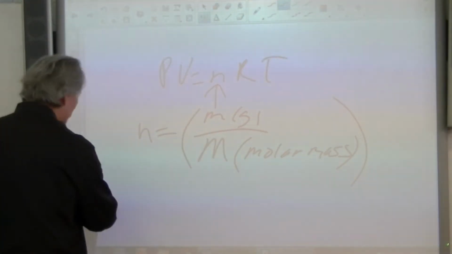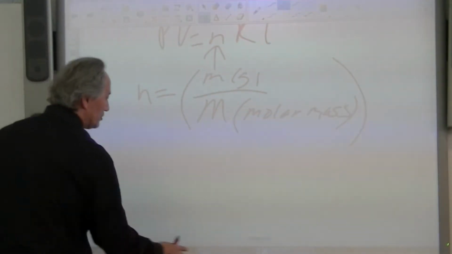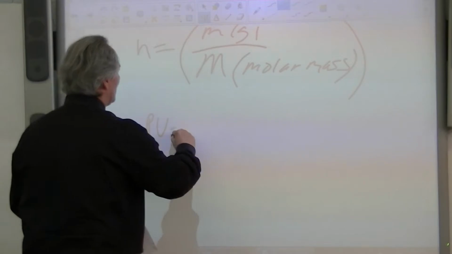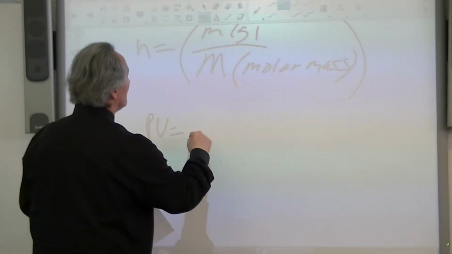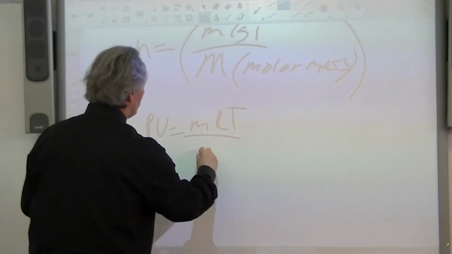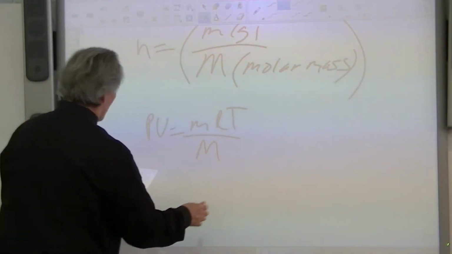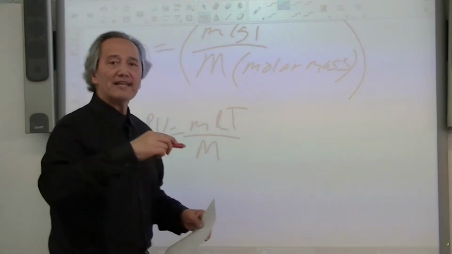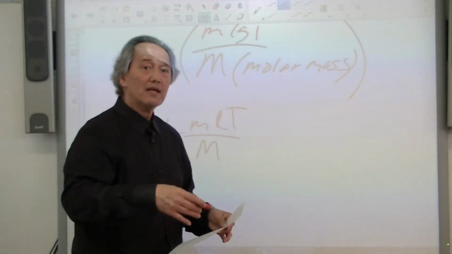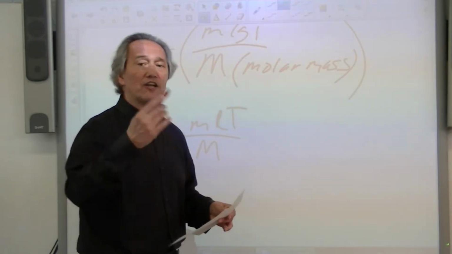So let's plug this in. We'll do it in a couple of steps, not to get too far ahead of you. So we've got PV equals little m RT divided by big M. Let's rearrange this and identify molar mass in terms of mass, pressure, volume, gas constant, and temperature.